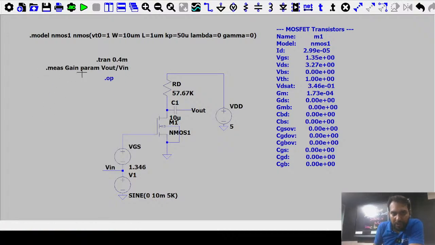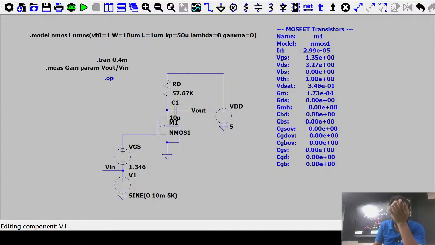Okay, so .measure V out gain param V out by V in, and of course this is for value, so I am giving that this is for value for amplitude. So this is amplitude for that variation. For that calculation of the gain, I am giving an AC magnitude, and that AC magnitude is approximately 1. I am assuming that the AC amplitude is 1 or 10 milli.